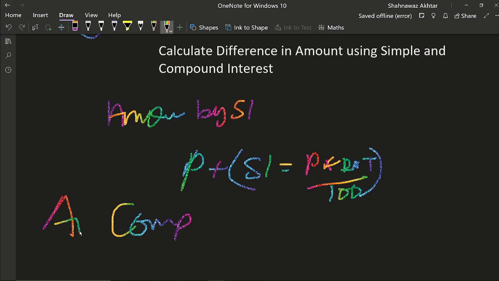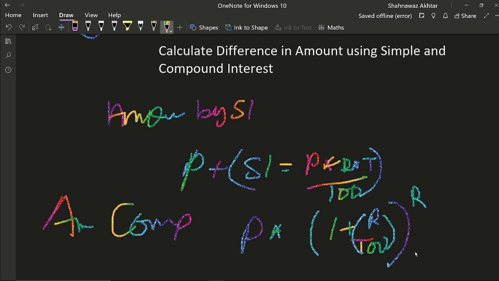So the amount for compound interest can be calculated directly. How? It is P into (1 plus R divided by 100), and this whole is raised by the rate. Sorry, not rate, it is raised by time.